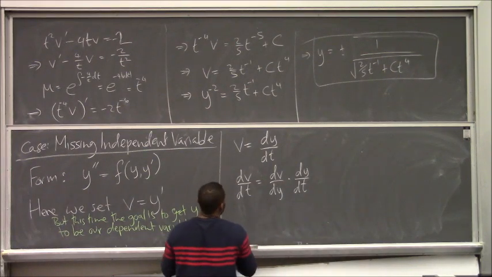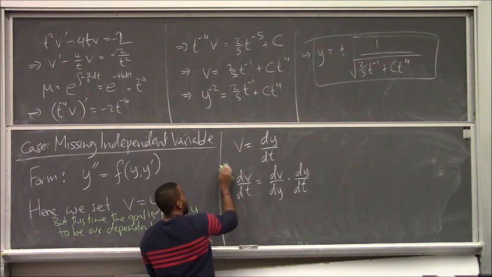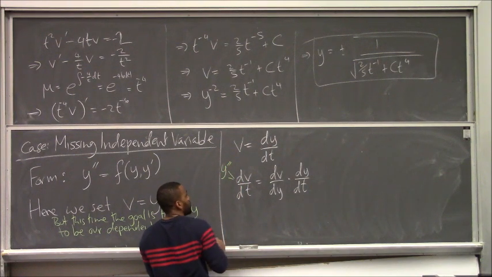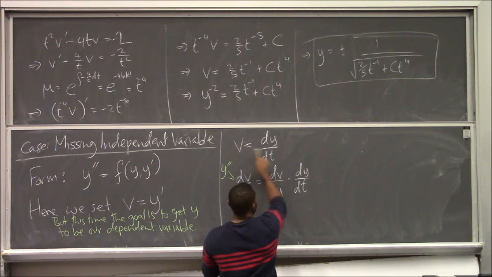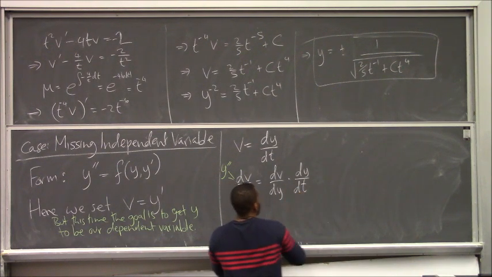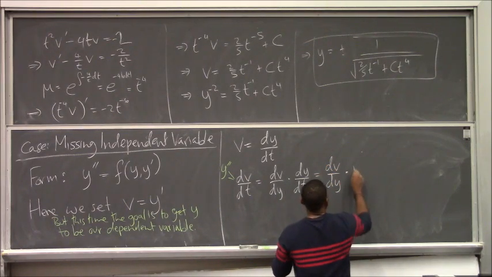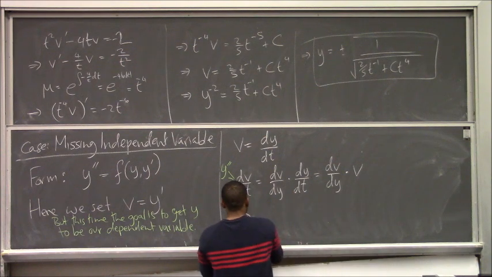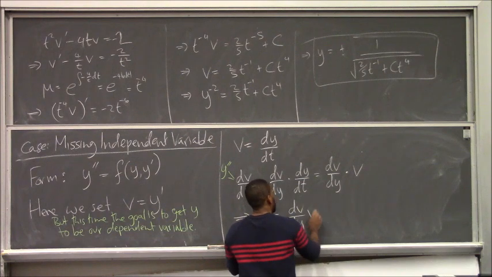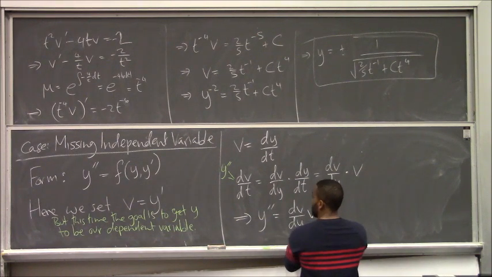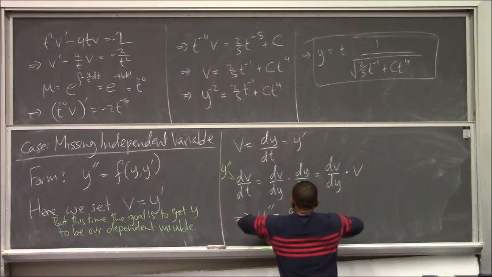If v is dy dt, then this is of course y prime, and this is y double prime, right? And I also have the scenario that my v is actually the dy dt. So this I can write as dv dy times v. This means I can replace my y double prime with the expression dv dy times v, and I can replace my y prime with v.